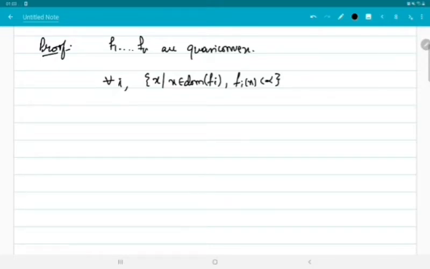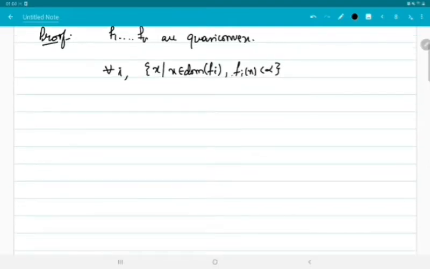If this is the case, then if we just weight the f_i with w_i, since they are non-negative weights, this inequality is not going to change. So this alpha sublevel set still holds for some weight w_i.